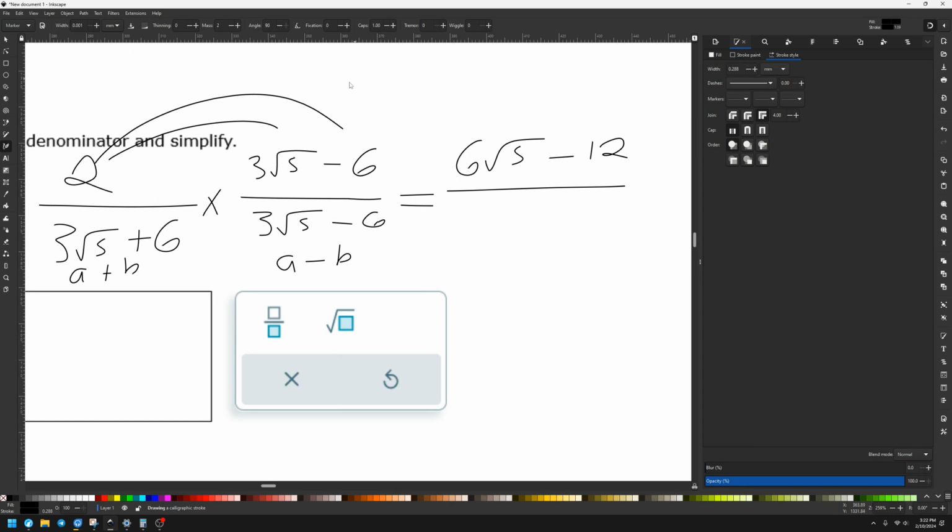So 3 root 5 times 3 root 5 is 9 times the square root of 5 times the square root of 5, which is just 5. So 45. So a squared is 45, and b squared is 6 squared, so minus 36.